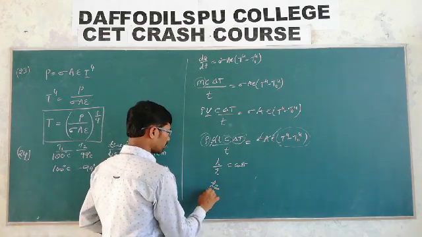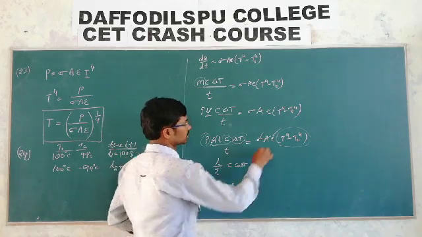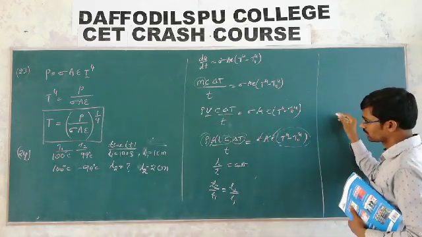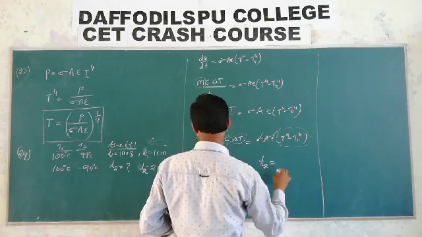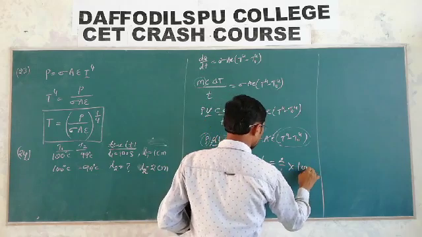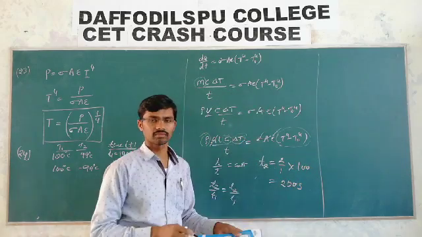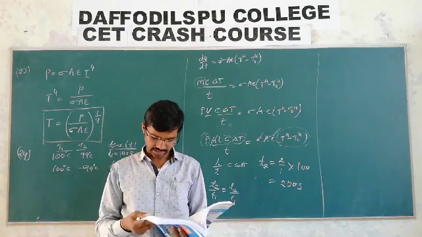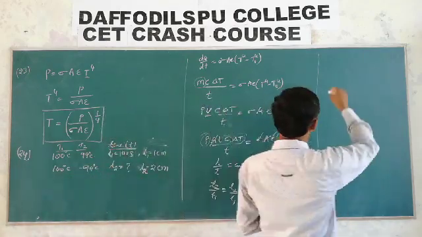Therefore, t2 by t1 is equal to L2 by L1, that implies t2 is equal to 2 by 1 into t1, which is 100. That is equal to 200 seconds.